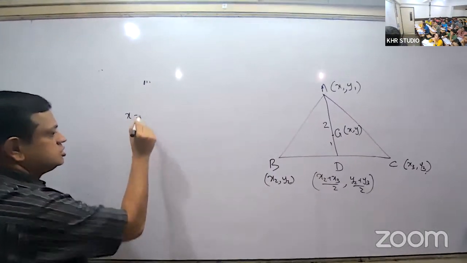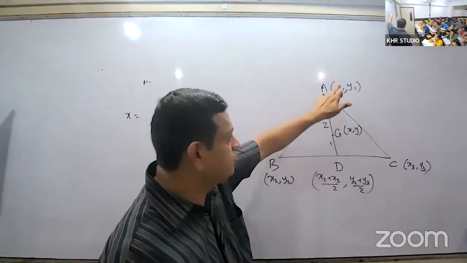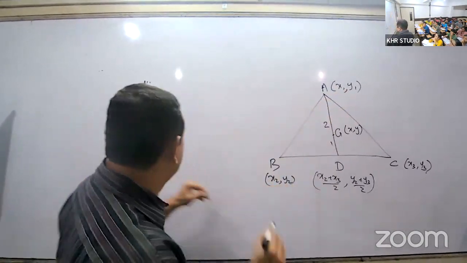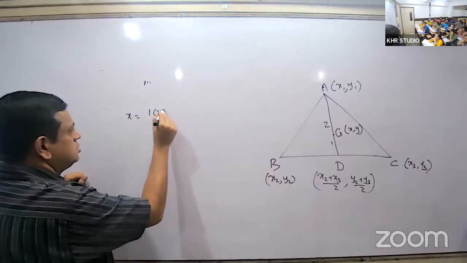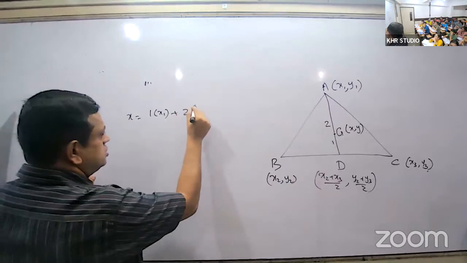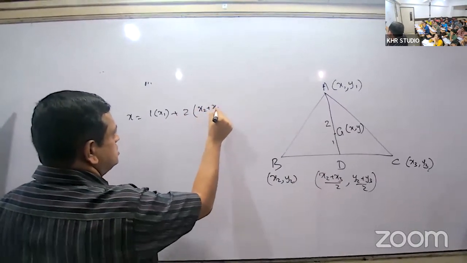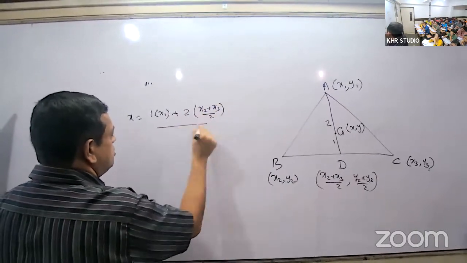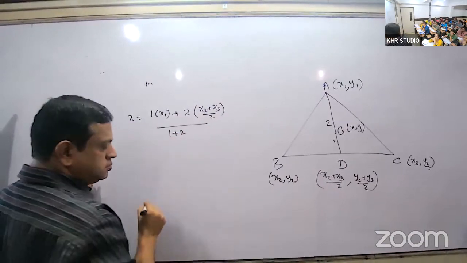So x is equal to M x2 plus N x1, that is, 1 into x1 plus 2 into (x2 plus x3) divided by 2, divided by 1 plus 2.